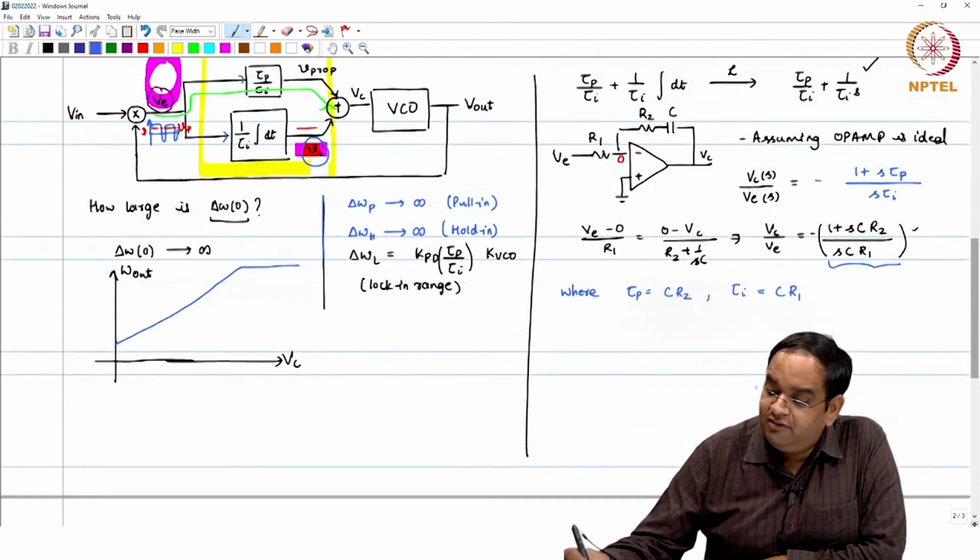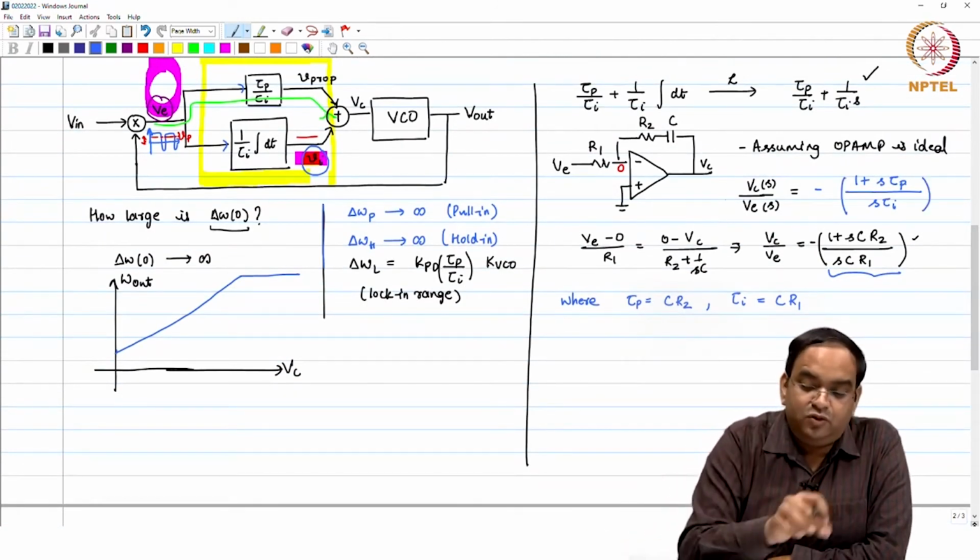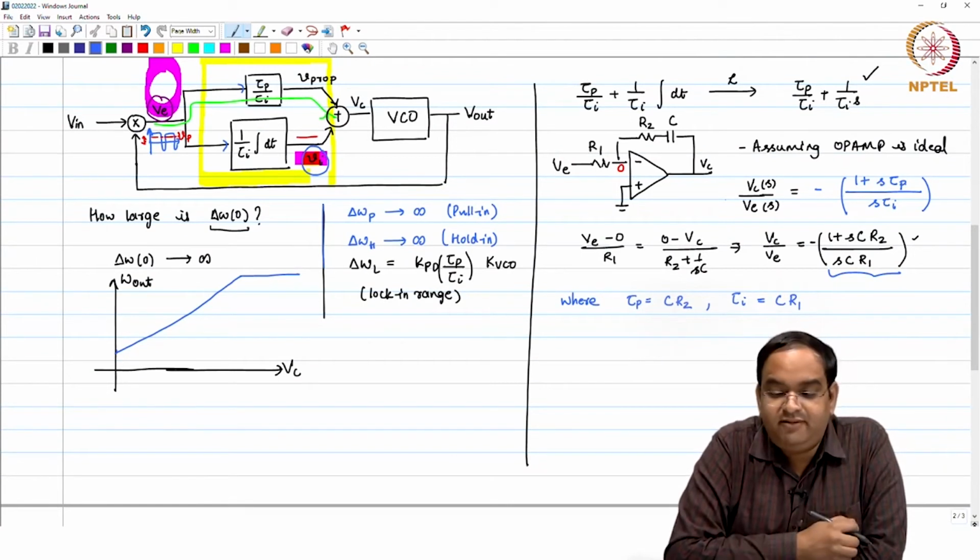So given this loop filter, you can very well implement it, you can add this loop filter here and everything seems to work.